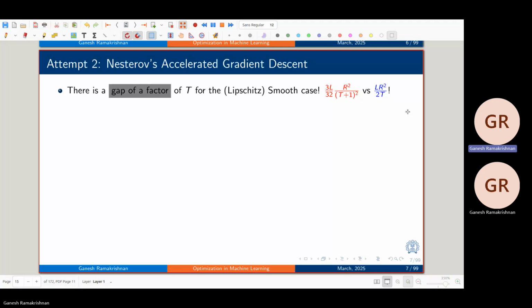It doesn't hurt you at all. Whereas for only smooth, it was bad. It didn't work in terms of the analysis. And this is called Polyak.